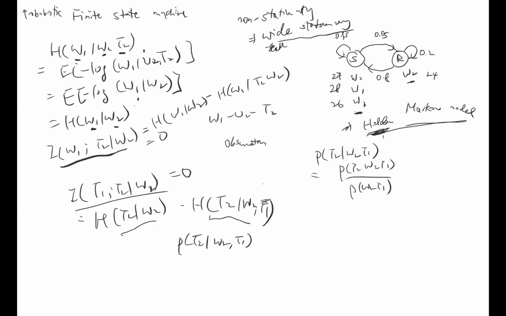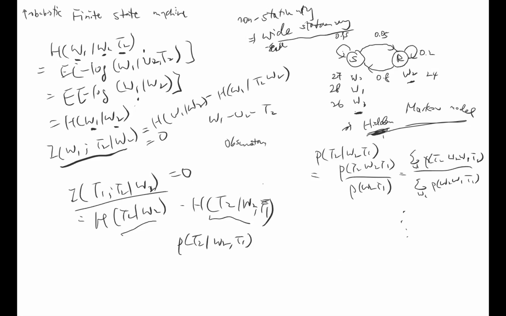Let me also introduce T2, W2, W1, T1. Okay, I want to give up, honestly. This is a bit painful. I know I can do that, but I'm not sure it will be worth going through. But hopefully you see my point.